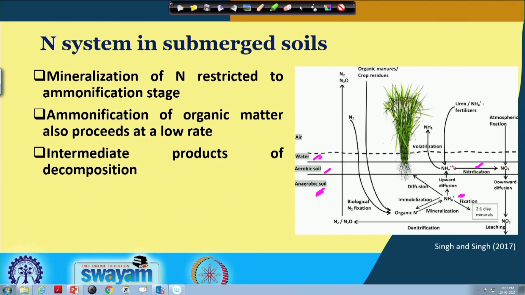The ammonia also gets lost through volatilization, as you can see here. So, when you apply the urea or ammonium fertilizer, it either gets nitrified to nitrate or volatilized as ammonia.